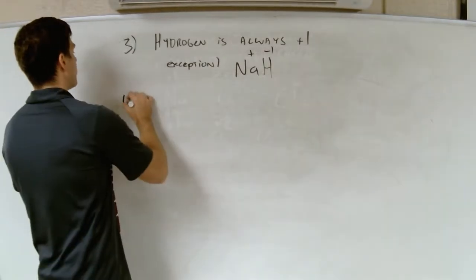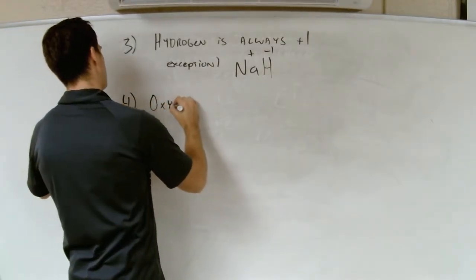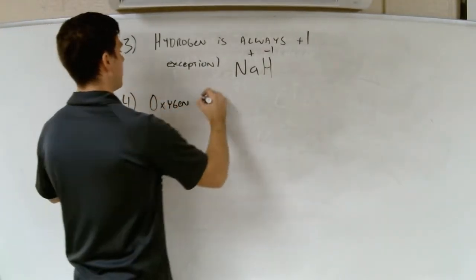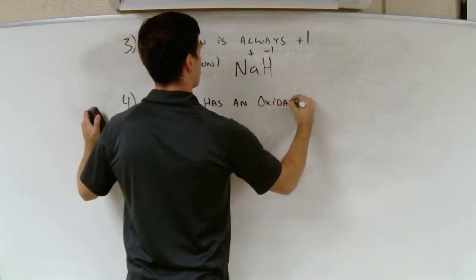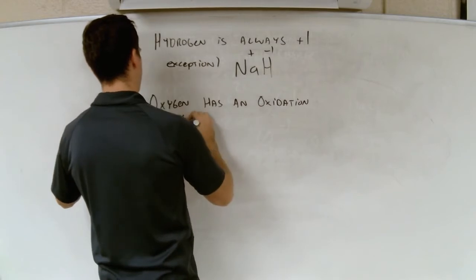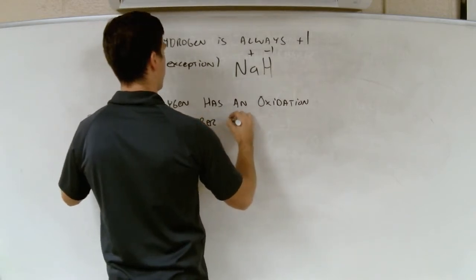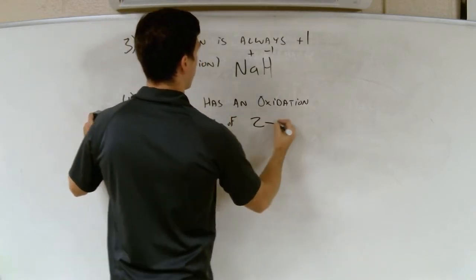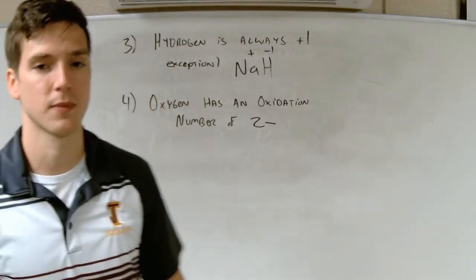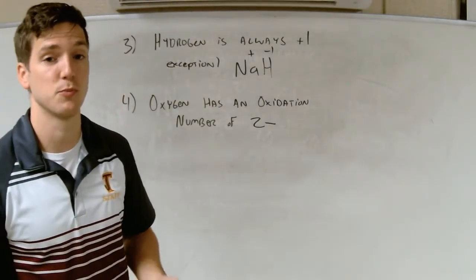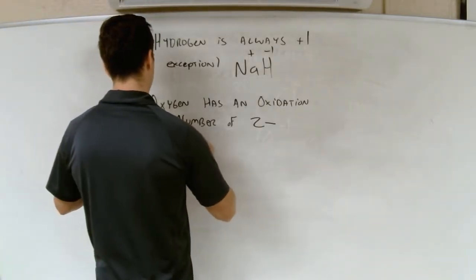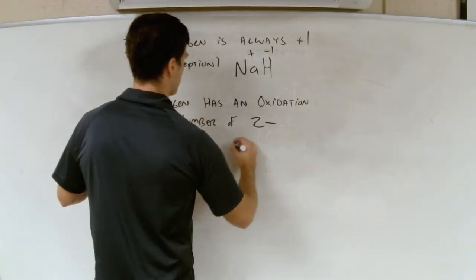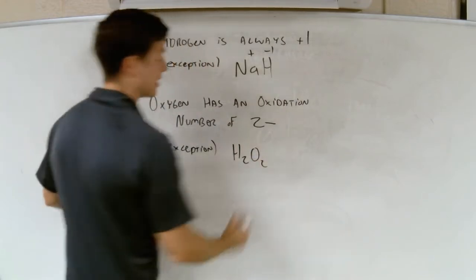And then rule 4. Oxygen has an oxidation number of -2. There is an exception to this as well, and that's when it's in hydrogen peroxide.